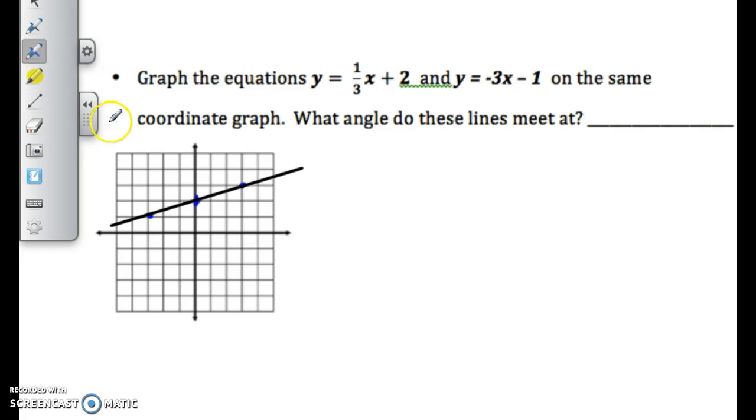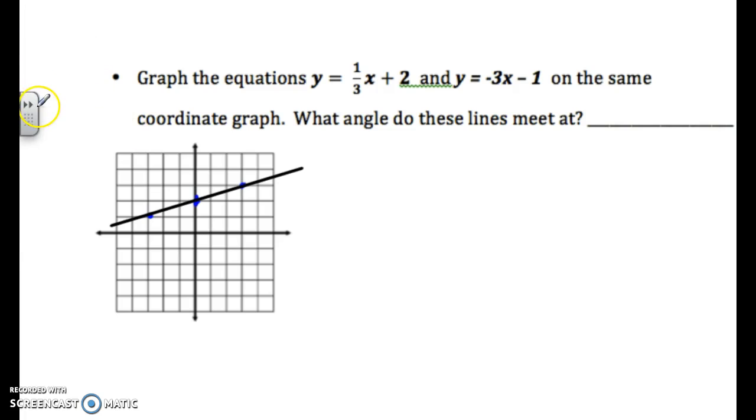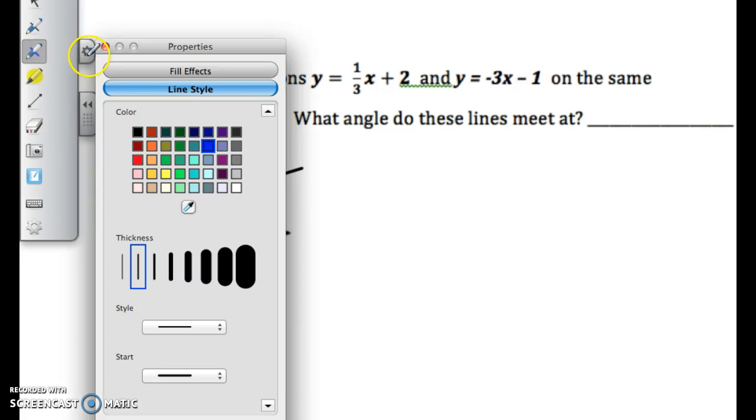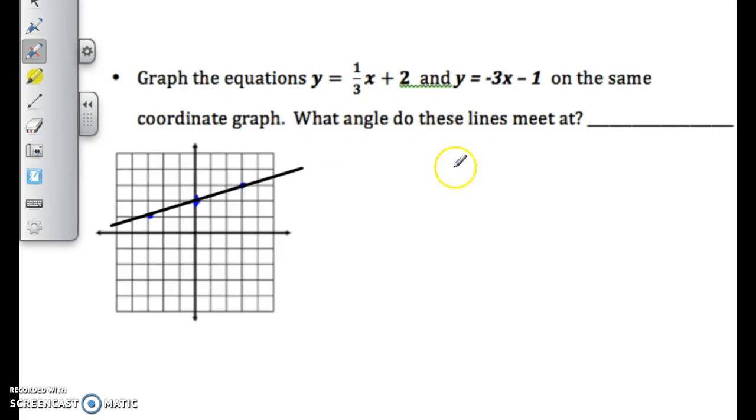Then let's do the next one. That starts at -1 and has a slope of -3. So up 3 over 1, or down 3 over 1. Connect the points.